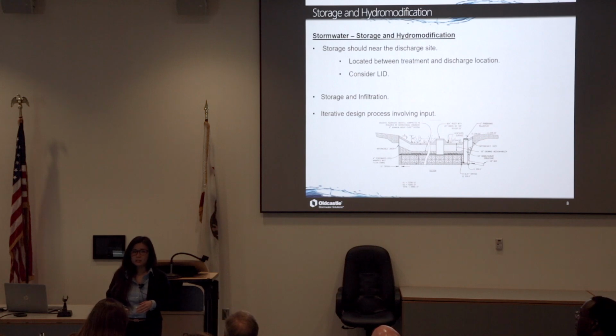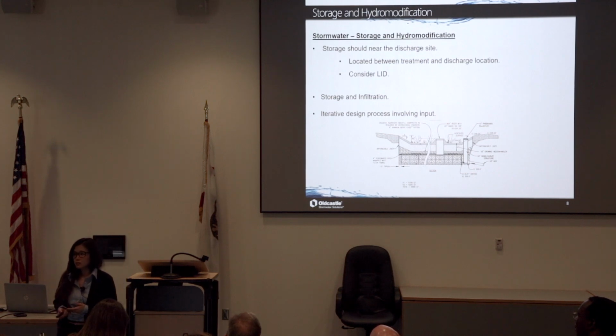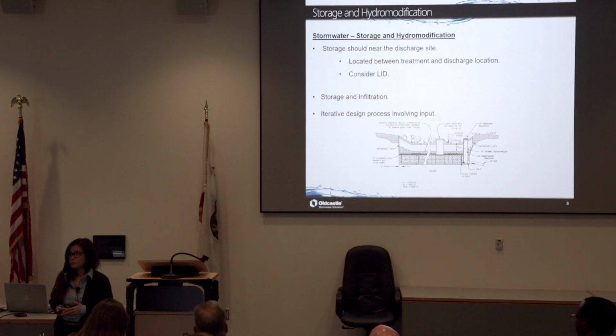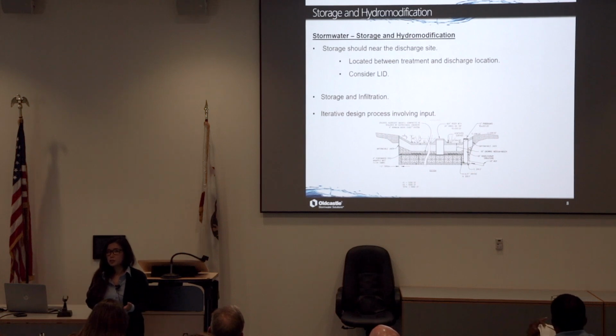You definitely can make a larger system and apply a capture and reuse system, pump the water out and put it into a reuse harvesting system. In Los Angeles County, that's the case also. The soils are really difficult to infiltrate, and a lot of times the soil's not in a good condition to infiltrate, so capture and reuse is the second choice. So a lot of times you can do that.